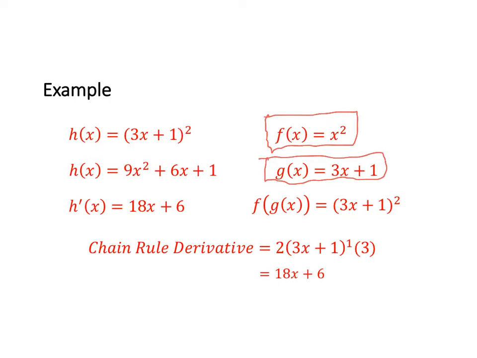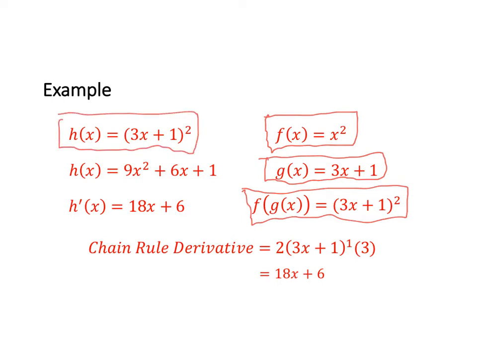So therefore, if I've got f of g of x, in other words, in place of x, I'm going to plug in g of x, all right? So what's in the parentheses is going to be 3x plus 1, and I'm going to square it. So this right here is another way of looking at this right here, all right? Same function, but two different ways of looking at it.